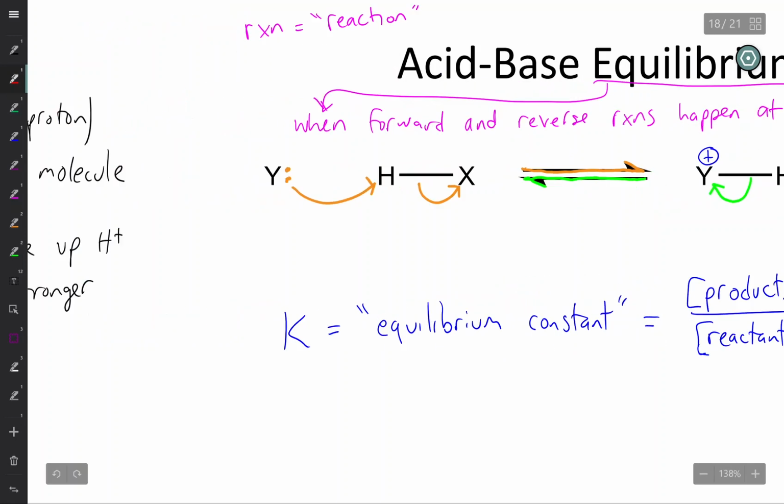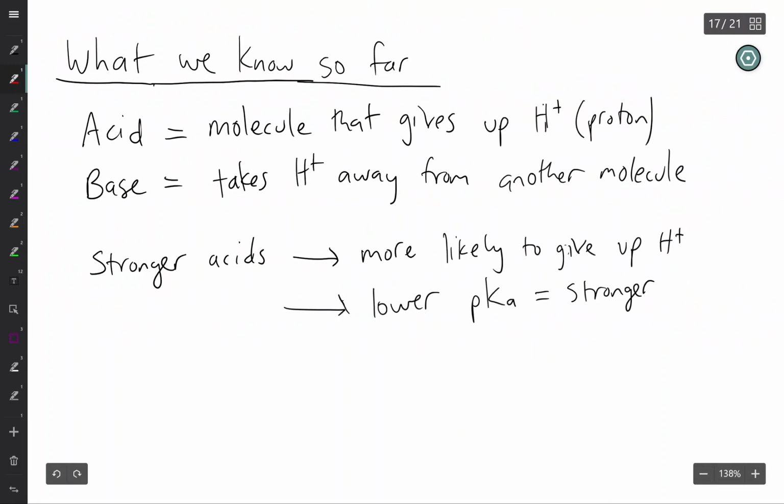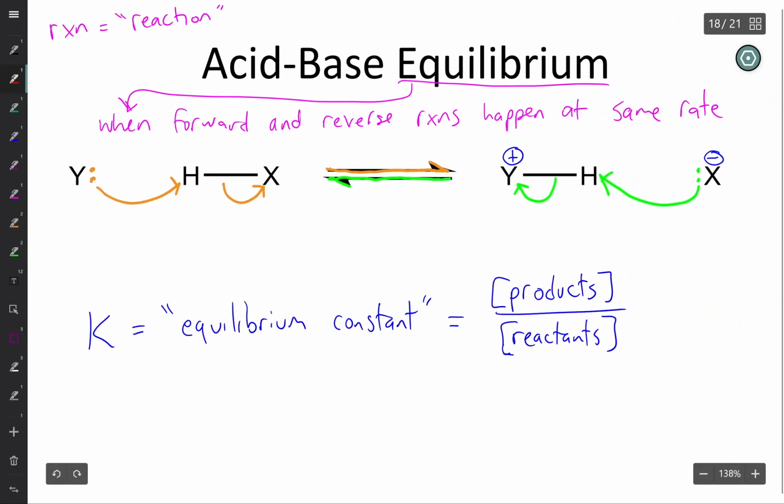Is it the thing that gives up H plus or the thing that takes H plus away? Takes H plus away. So Y here is acting as a base. HX is the thing that's giving up H plus, so that's acting as an acid in the forward reaction. In the reverse reaction, what's the role of X? Base, and HY would be the acid.